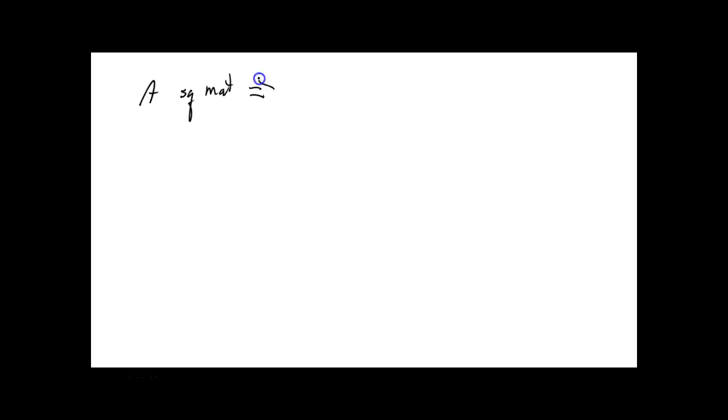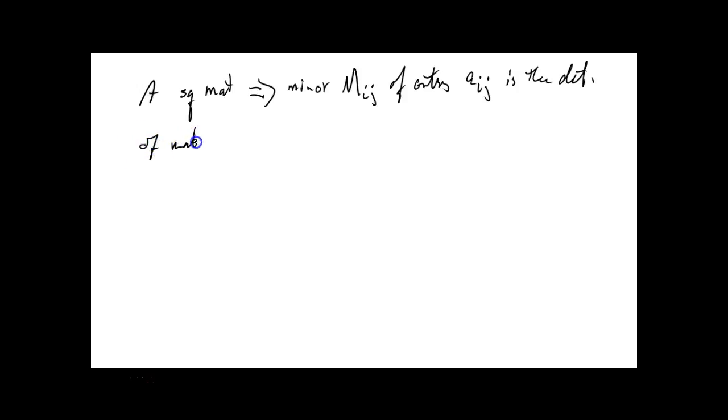Then the minor, and that's called capital M, and it's given a suffix ij, of the entry A sub ij, is the determinant, okay, I'm going to abbreviate that, of the matrix obtained by deleting the ith row and the jth column from A.